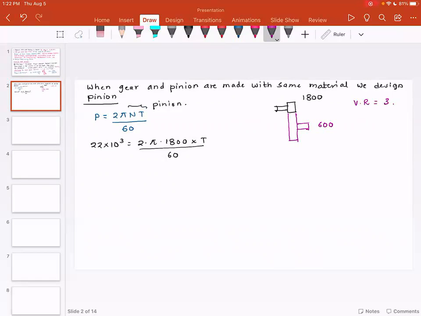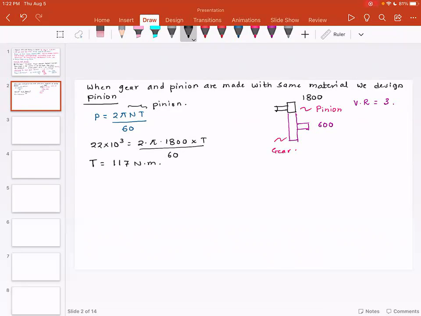So 1800 on the input side, this is the pinion, and this is the gear. With that, you will find the value of torque is about 117 Newton meter. And the torque will be in Newton meter because the power is in watts.